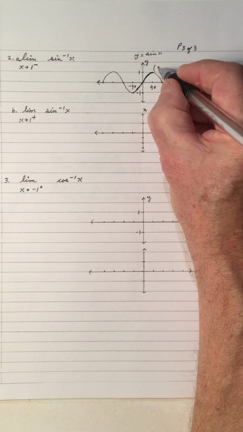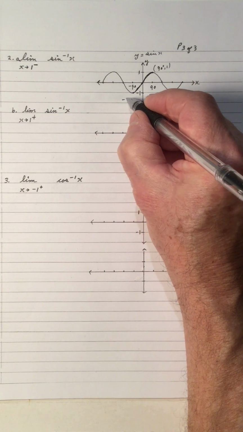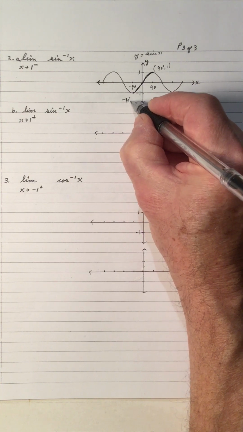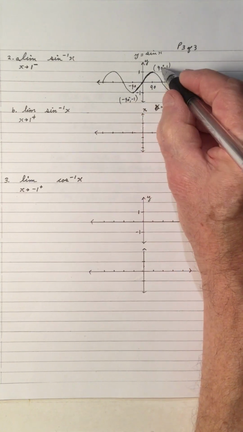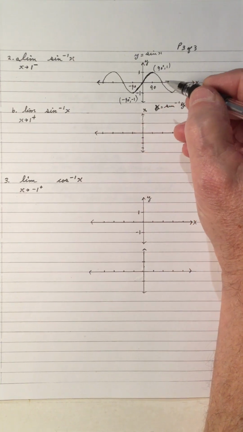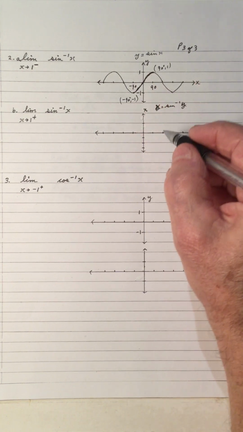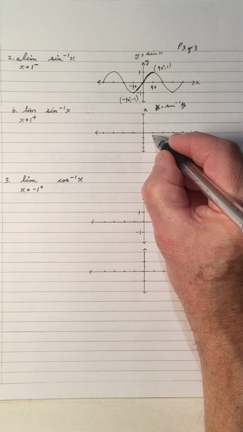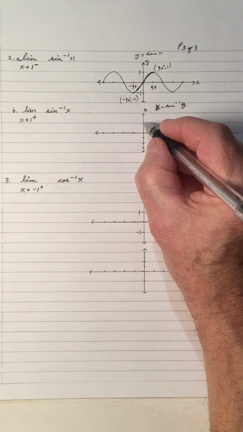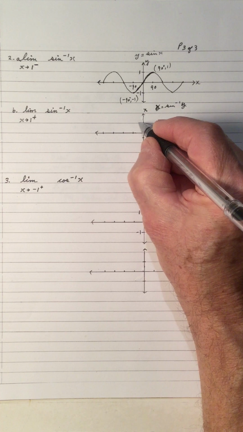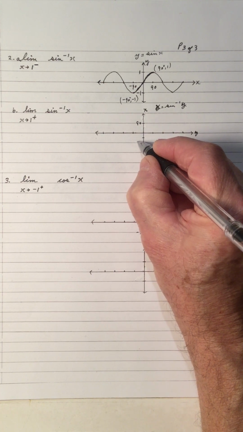So this point here is 90 and a 1. And again, I'm using degrees to make it easier. I could use radians, pi over 2, negative pi over 2. So when you flip this around, the domain becomes the range, and the range becomes the domain. So this is a 90. This is negative 90.